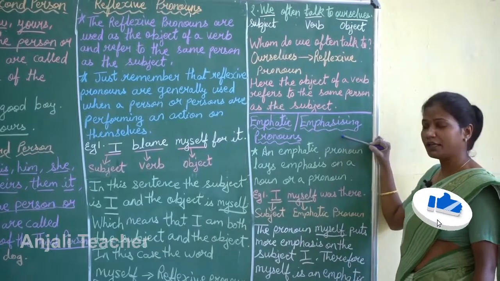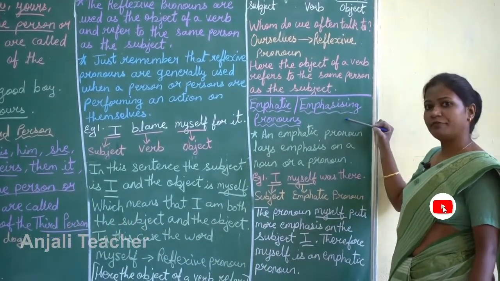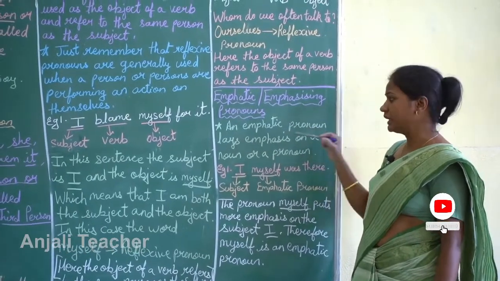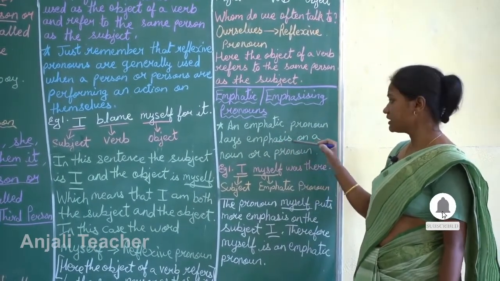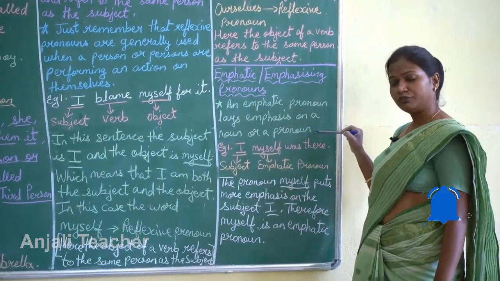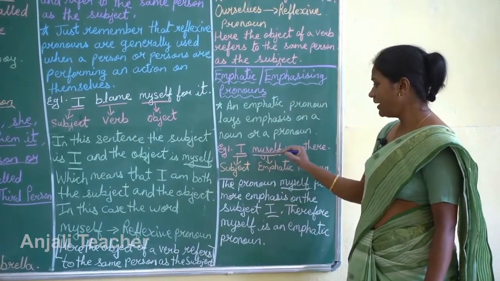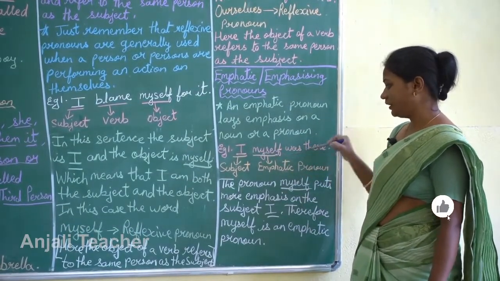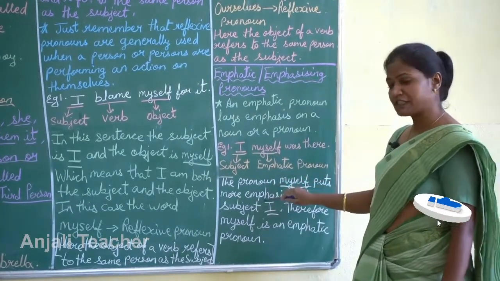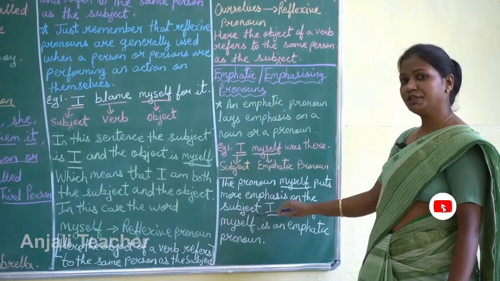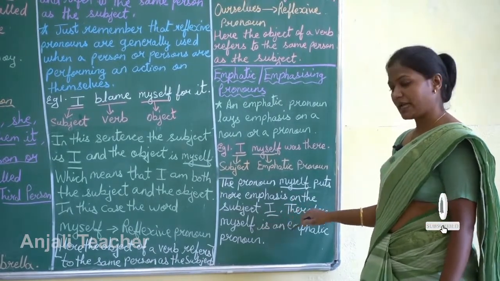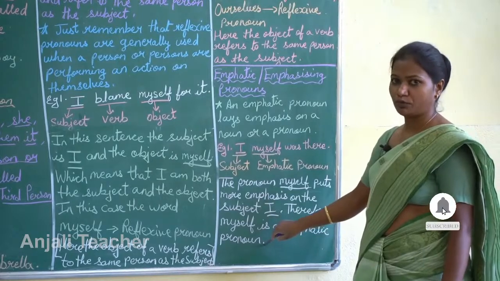The next one is emphatic or emphasizing pronouns. Emphatic pronouns lay emphasis on a noun or a pronoun. For example, I myself was there. Now the pronoun myself puts more emphasis on the subject I. Therefore, myself is an emphatic pronoun.